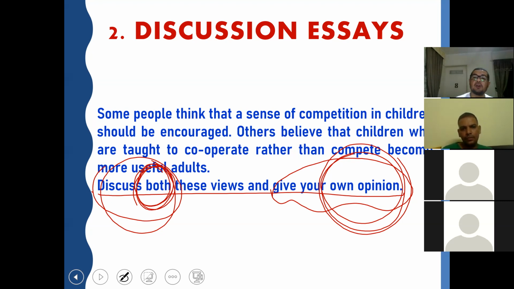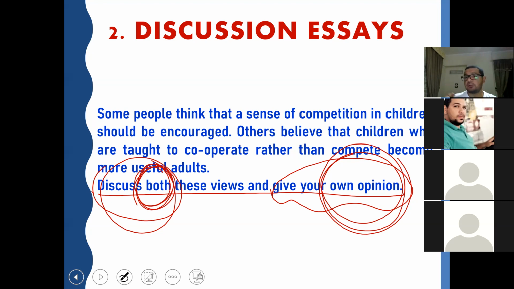So for example, in the previous question, maybe I will talk about why some people think mixing is better and why some people think mixing is wrong. If my opinion is that it's better, I'm going to mention this as well. If my opinion is that it's wrong, I'm going to mention this as well. But I might have a third opinion.